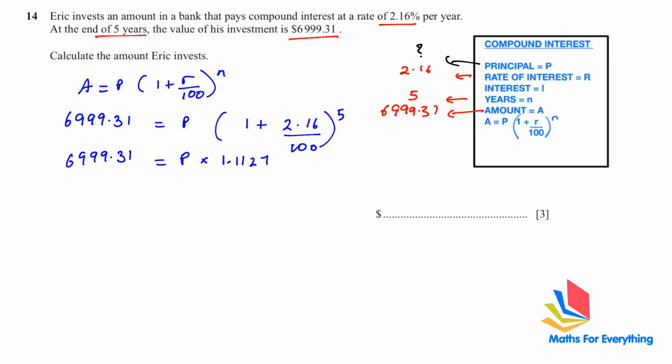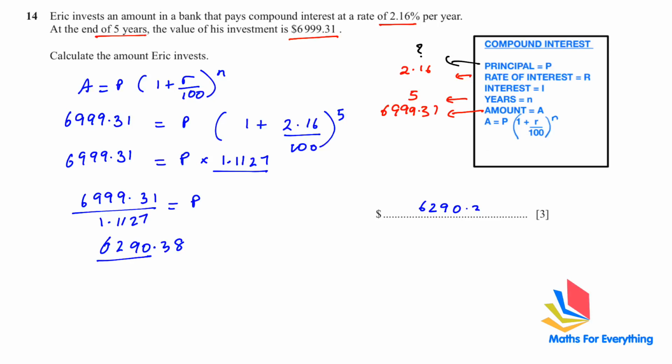I'm taking more numbers after the decimal. And then this is a multiply, so when I move to the other side, it will be a divide. You will get 6290.38. You can either write the whole number or you can write with the decimal, both is fine. So we found the principal.